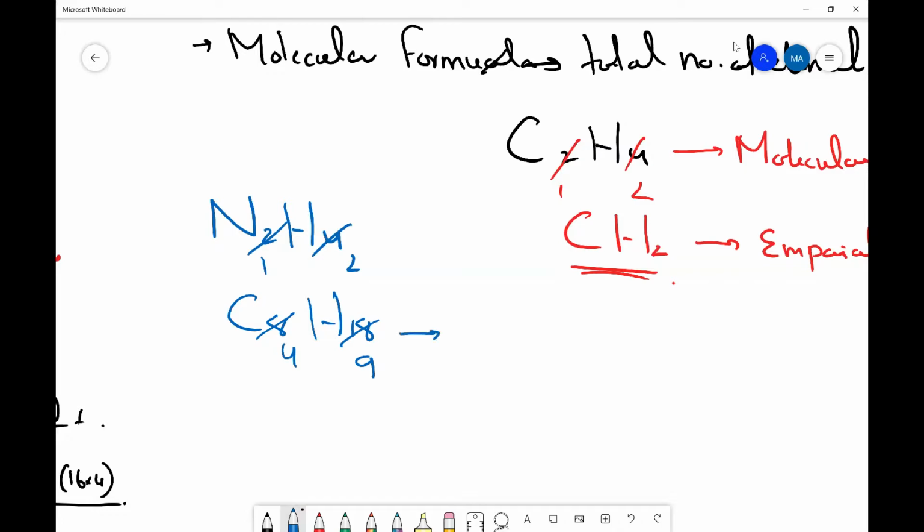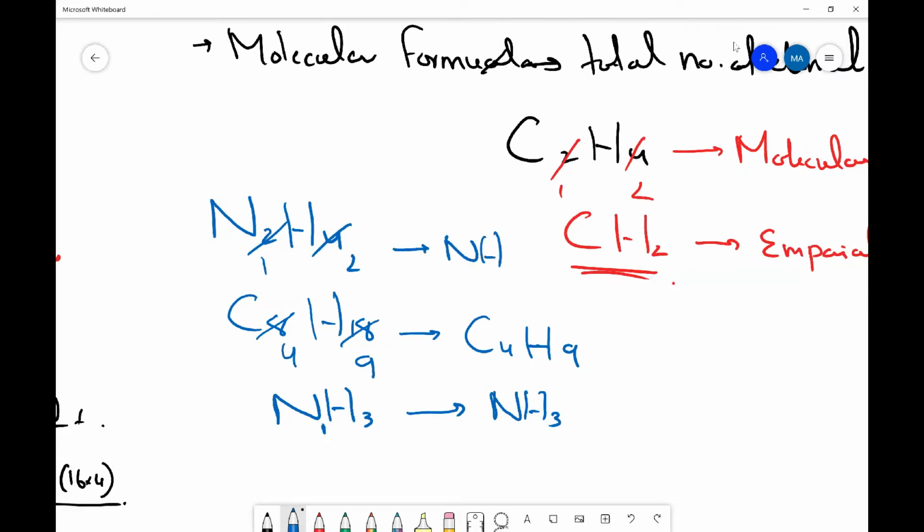So the empirical formula for C8H18 is C4H9. Now we cannot simplify C4H9 further with the same number. Let's say you're given NH3. NH3 cannot be simplified further because there is a 1 here and there's 3, and you cannot simplify it further. So NH3 is the molecular formula as well as the empirical formula. Are you clear? Should we move on?